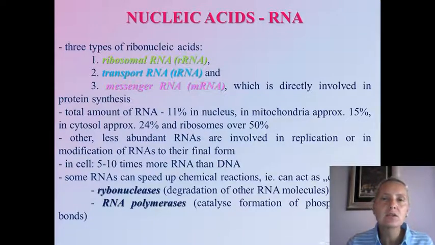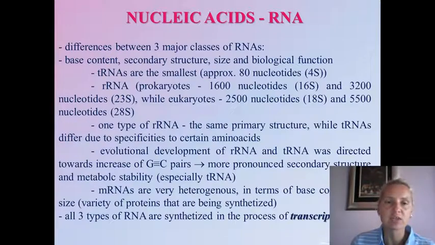So in the action of ribonucleases, which are involved in the degradation of other RNA molecules, you have the catalytic function of RNA fragments. And in RNA polymerases, they catalyze the formation of phosphodiester bonds. We can also illustrate the involvement of RNA molecules and their catalytic function.